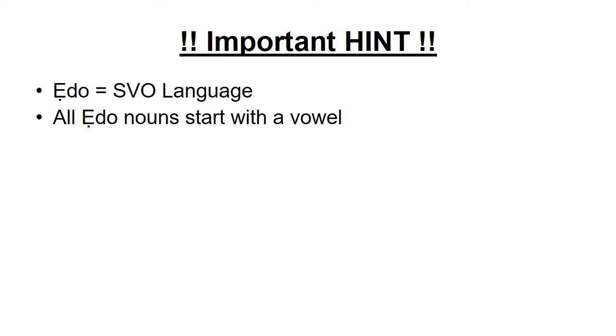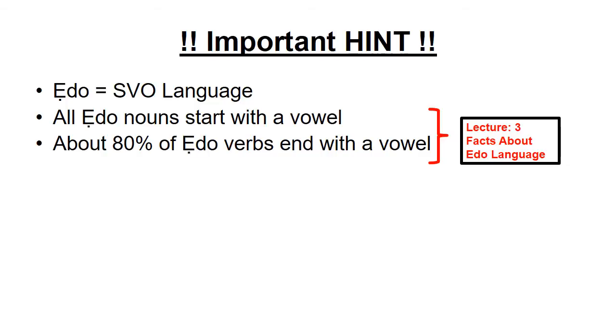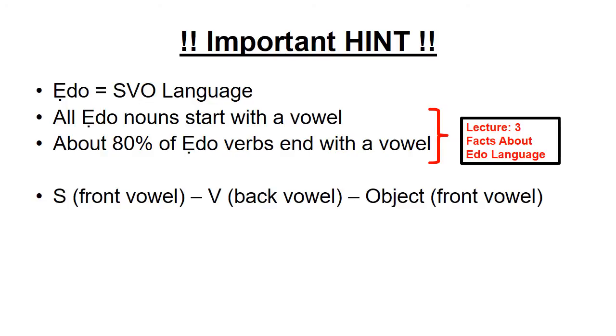And in my previous lecture about the three facts everyone needs to know about Edo language, you learned that all Edo nouns start with a vowel, and you also learned that about 80% of Edo verbs end with a vowel. The other 20% end with a nasal N or a regular N. Like I said, that was in lecture number 3.